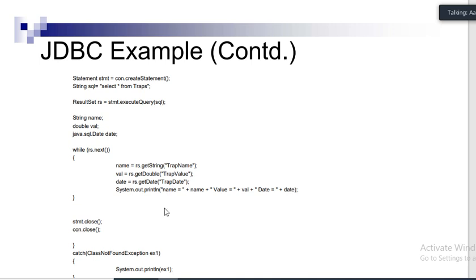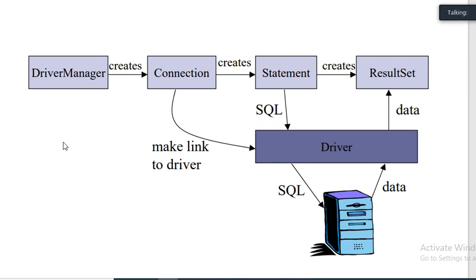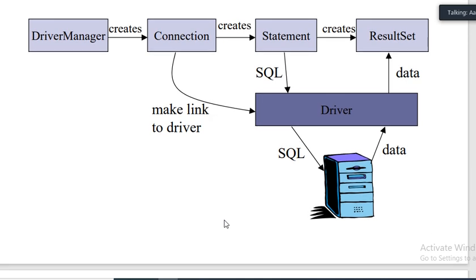This is the way you process it. So DriverManager creates a connection, the connection creates a statement, and the statement executes the query and gives the ResultSet, and you get the data from the server. Are you with me so far?